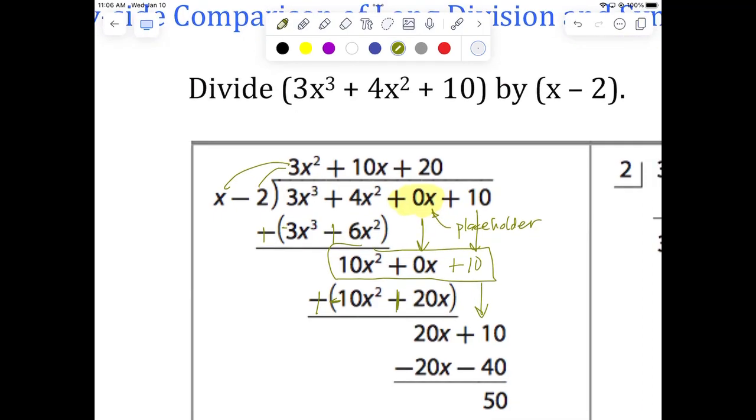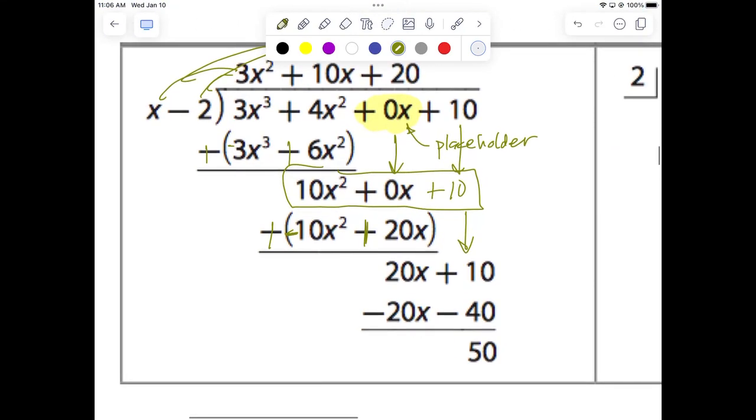And how many times does x go into 20x? Yeah, x goes into 20x 20 times. Now I distribute the 20, and you get 20x minus 40. I'm sorry, there are missing parentheses there, aren't there? There should be parentheses there. Then you change both signs, and you get minus 20x plus 40, and you get 50.